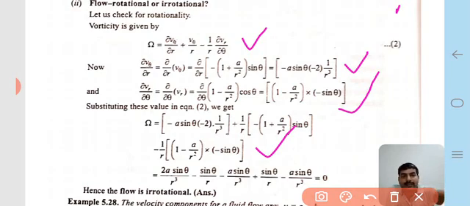Now solving, we get 2a sin theta upon r cube minus sin theta upon r minus a sin theta upon r cube plus sin theta upon r minus a sin theta upon r cube, which is equal to 0. Everything cancels and the value is 0, hence the flow is irrotational flow.